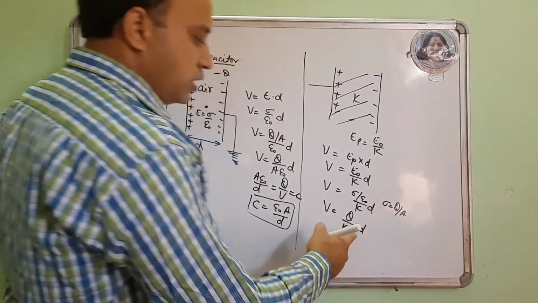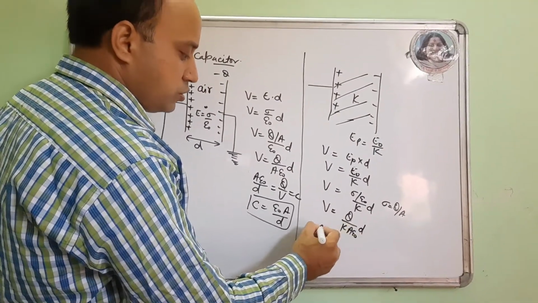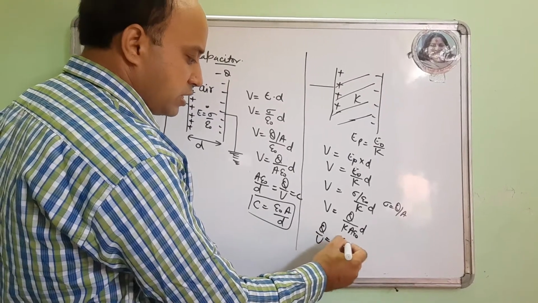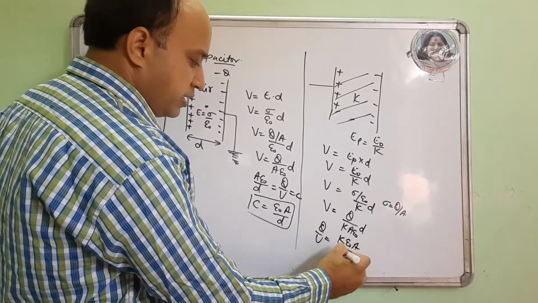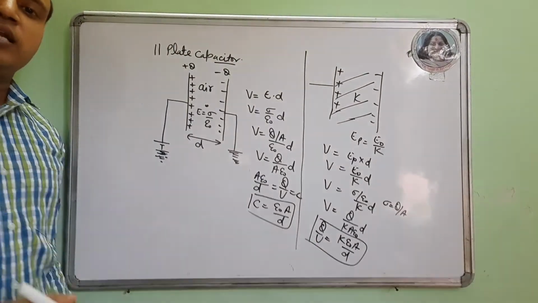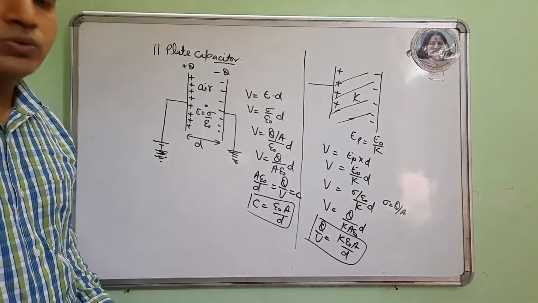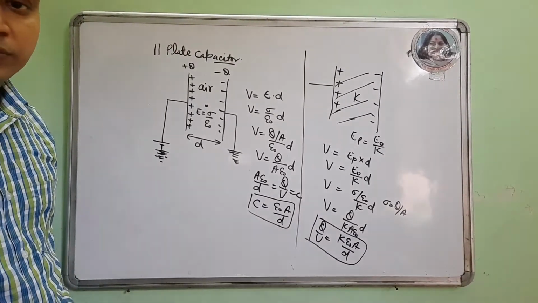Now I rearrange Q by V, that is K epsilon naught A by D. So when I fill a dielectric completely between the plates of a parallel plate capacitor, its capacitance increases to K times.